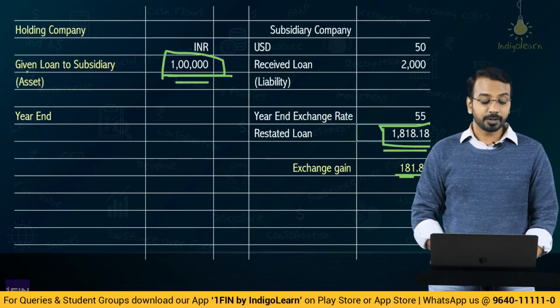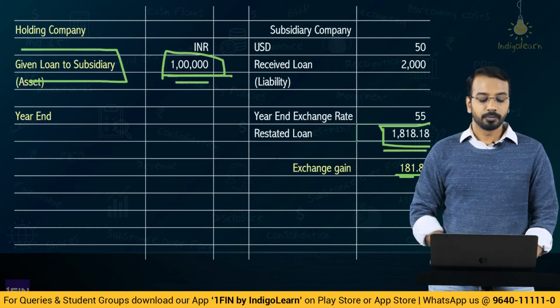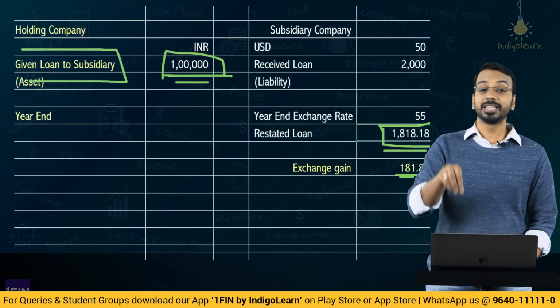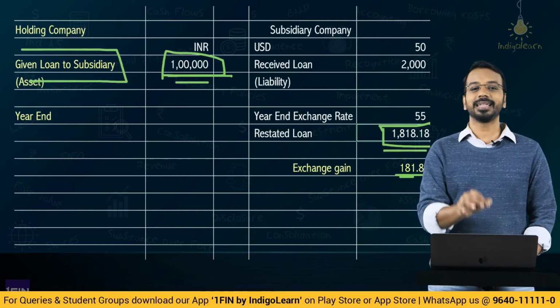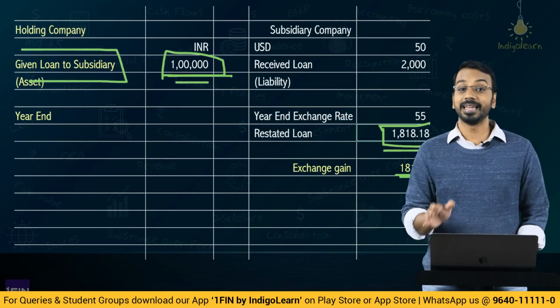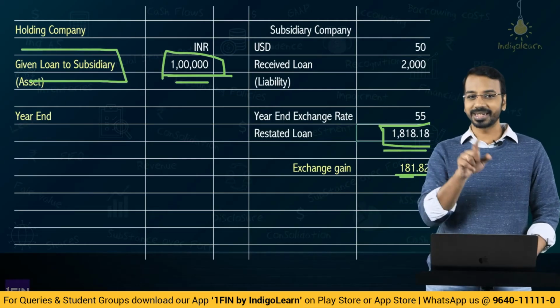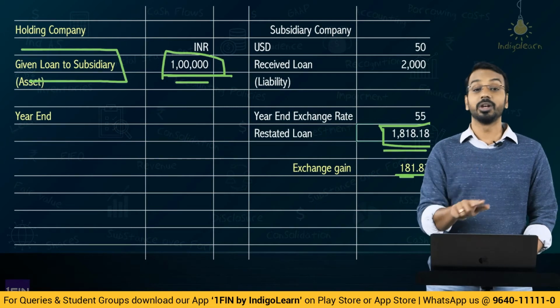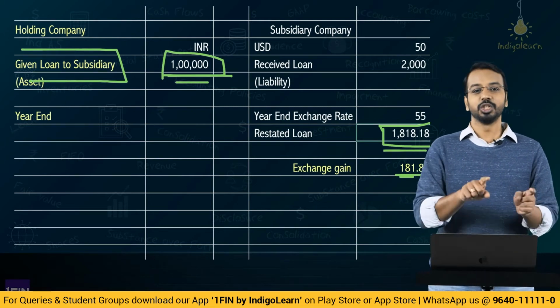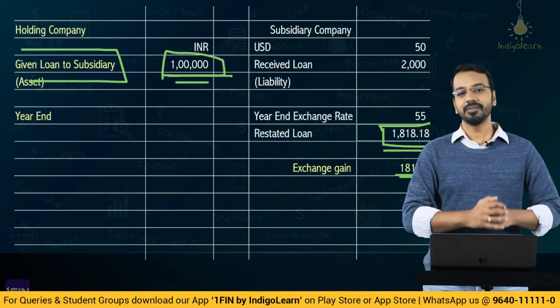Now, if this loan, which is a monetary item, was a part of the net investment in foreign operation, then will we take it to the P&L? Just recollect what you learned in the previous modules. You will not credit it to the P&L. You will take it to the other comprehensive income, right?